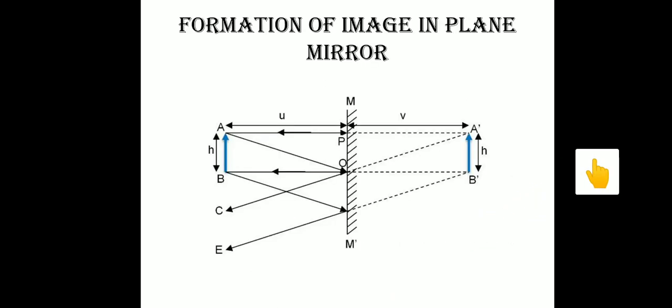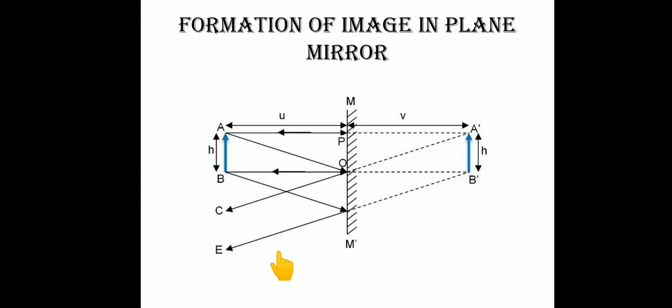Now we will see how the reflection of light helps us to see our image in a mirror, how we can see and where the image is forming. This is a mirror, M dash. AB is an object of which the image is forming as A dash B dash.